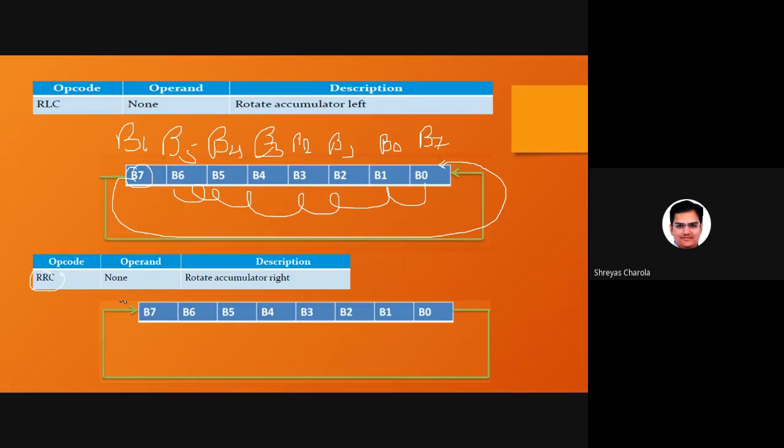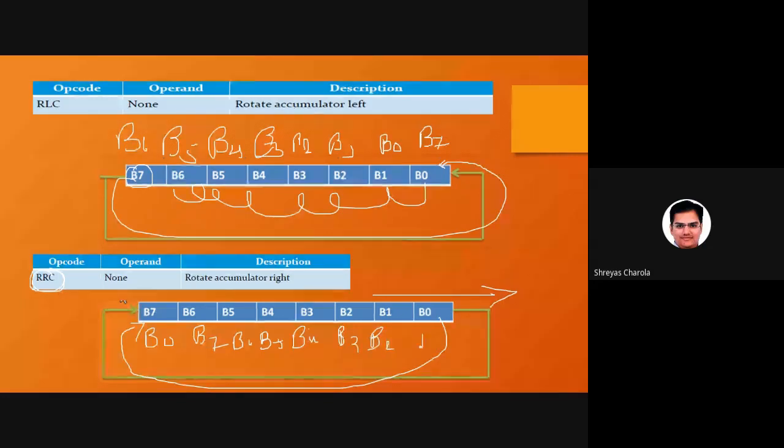If it is RRC, that means no carry is included, only the 8 bits will rotate. RRC means rotate right. This bit will go here. So here it will be B0, B7, B6, B5, B4, B3, B2 and B1. So this is how we can rotate the data.